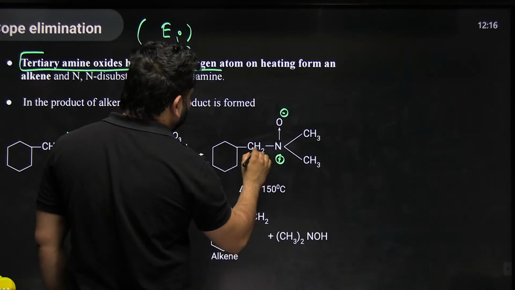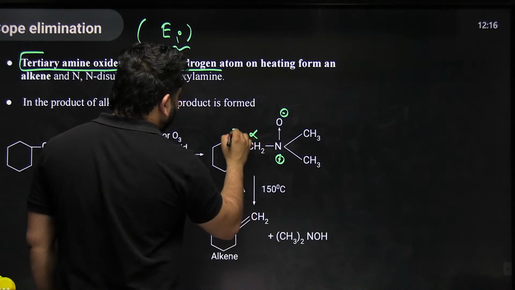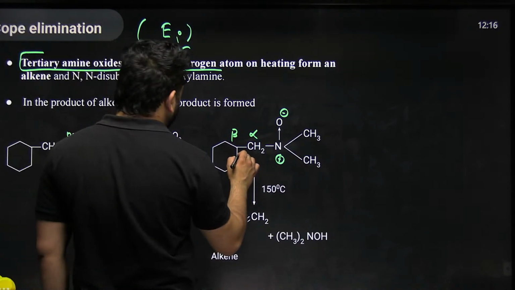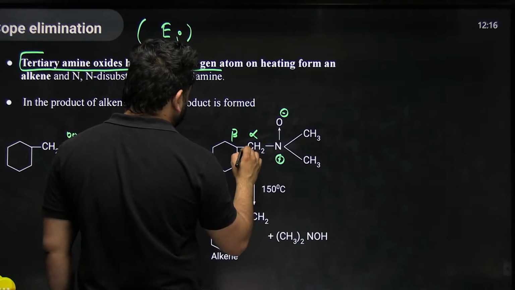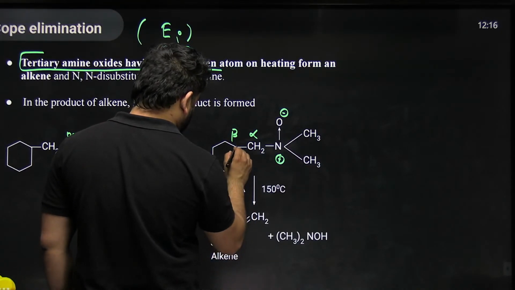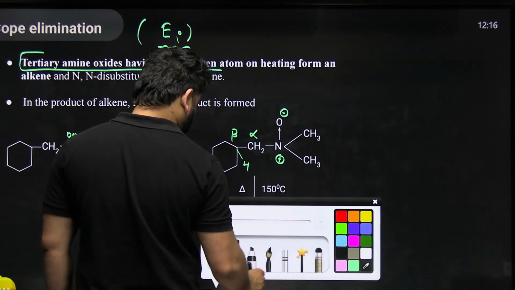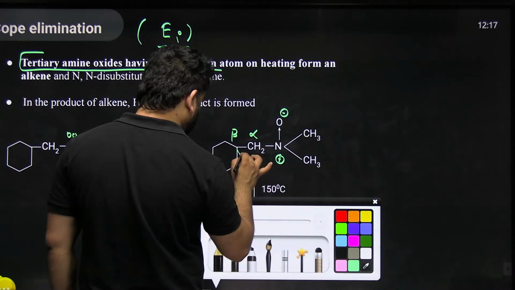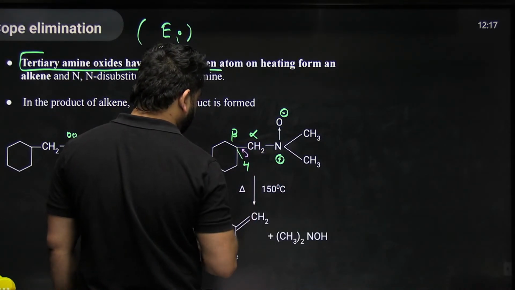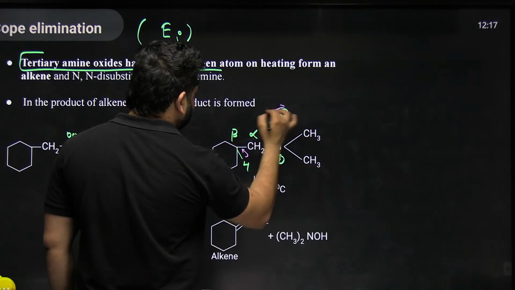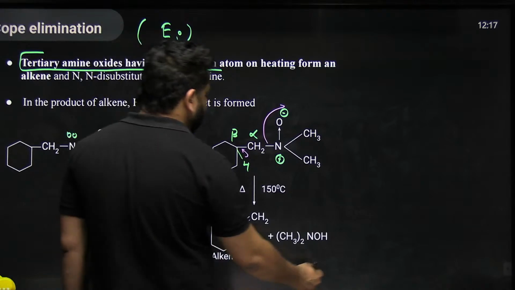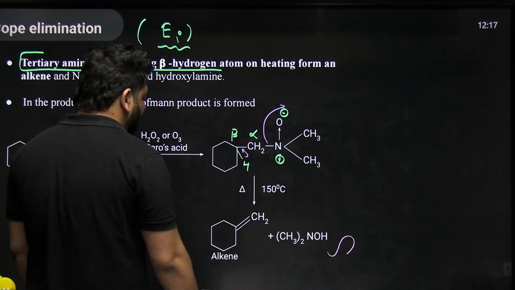So guys, this is alpha and this is your beta. Whoever has the beta hydrogen will depart from here like this, and this group departs like this. So one hydroxylamine is formed as a product, and the other is the alkene.